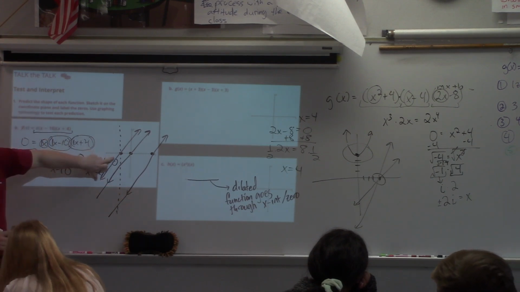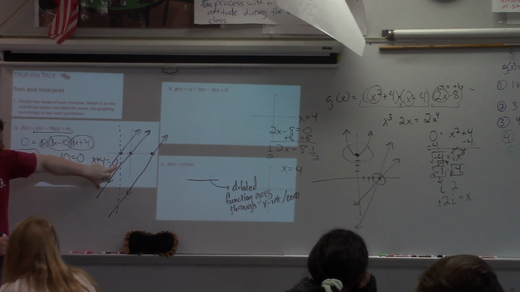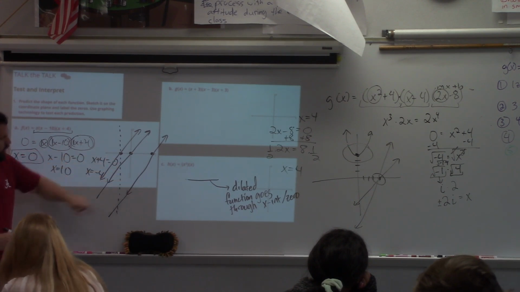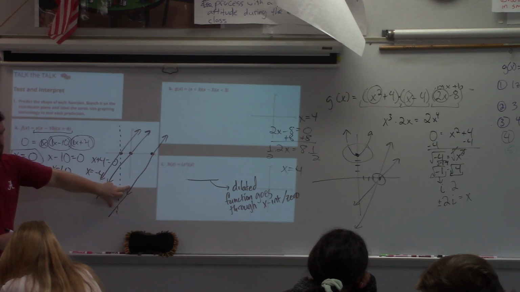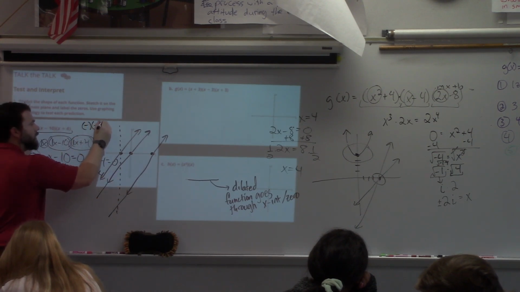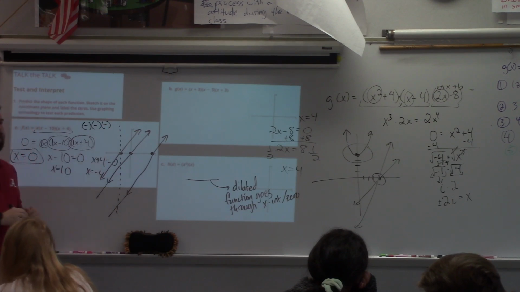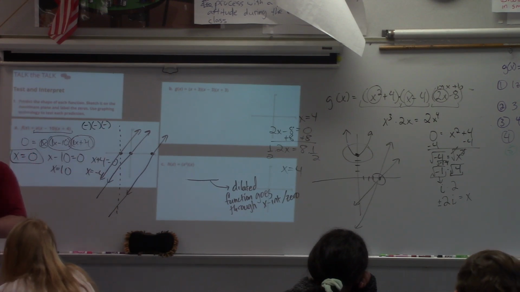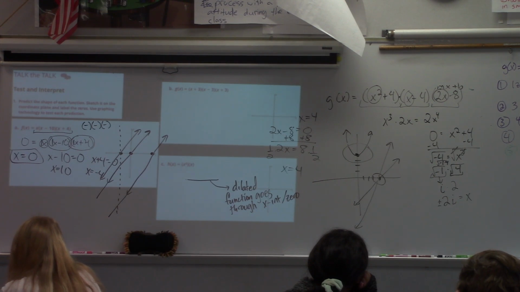These are all negative, they're all way below the x-axis. And if you haven't picked up on this yet, how many negatives do you need to get a positive? 2. So if I have 4 negatives, it becomes a positive.